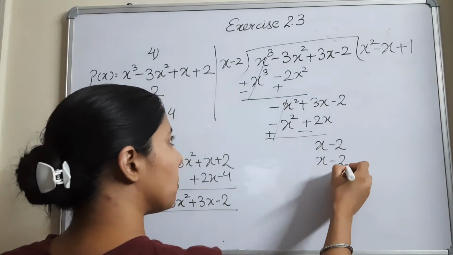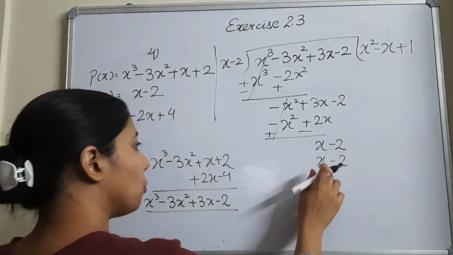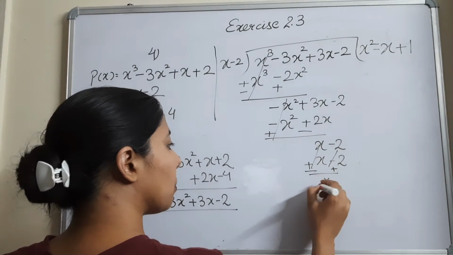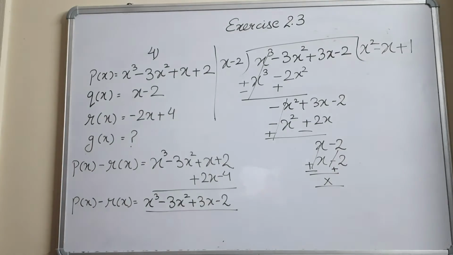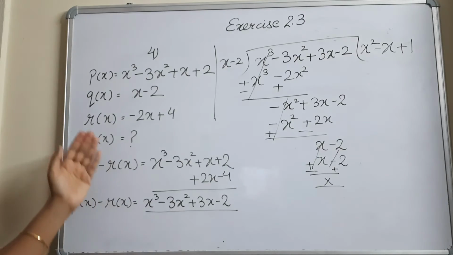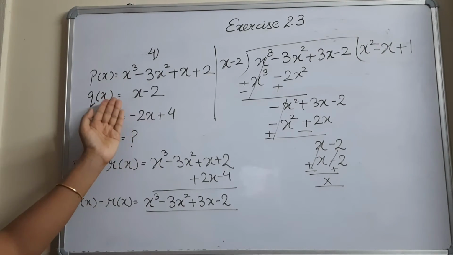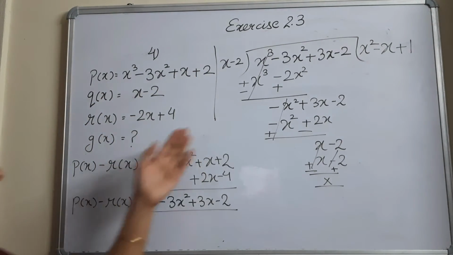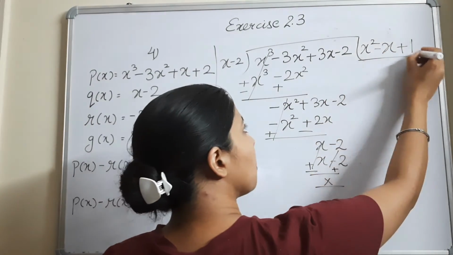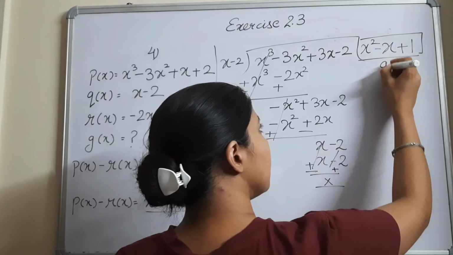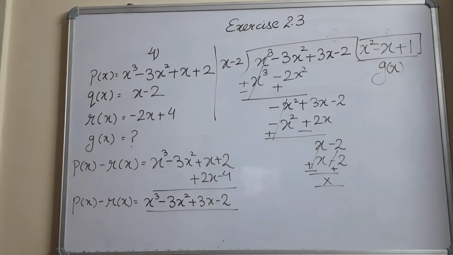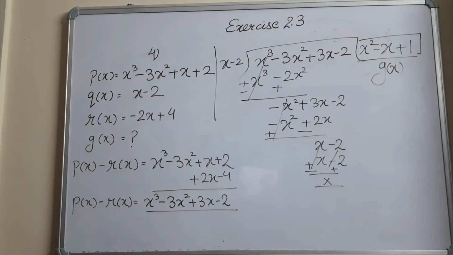Here it is x minus 2 because multiplying 1 by x minus 2 is x minus 2. Cancel them out. So on dividing px minus rx by qx, that is x minus 2, we obtain gx. So your answer is x square minus x plus 1, that is gx. Write it down in your notebooks.